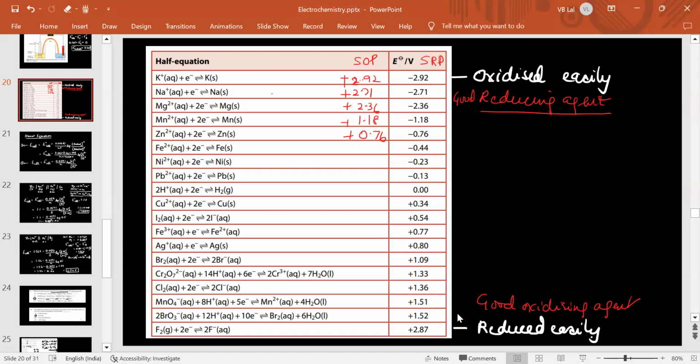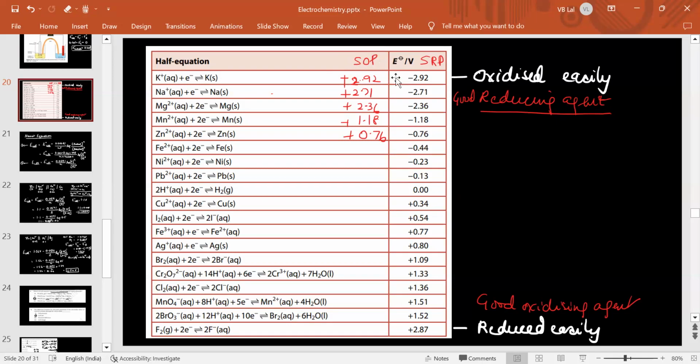What does the oxidizing agent do? Itself, it gets reduced so that the other thing gets oxidized, isn't it? So a good oxidizing agent is the one which gets reduced easily. Similarly, a good reducing agent is the one which can get oxidized easily, because I also told you the other day that whatever is the numerical value of SRP, if I reverse it, that will become the value of SOP.